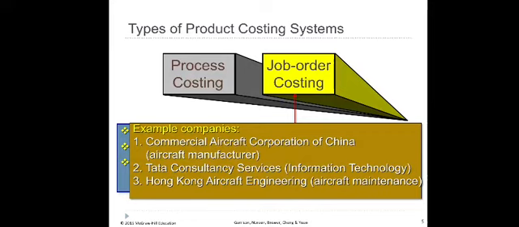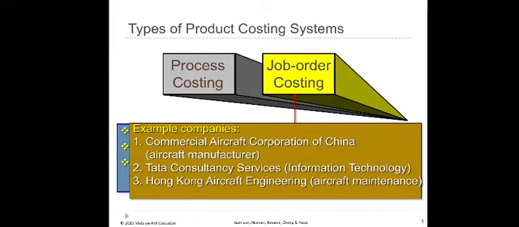For an aircraft manufacturer, the company only builds the aircraft after receiving customer order, and every aircraft made by the company is unique according to the order of the customer. So this kind of business should use job order costing system to calculate cost per unit of the product, or the aircraft.